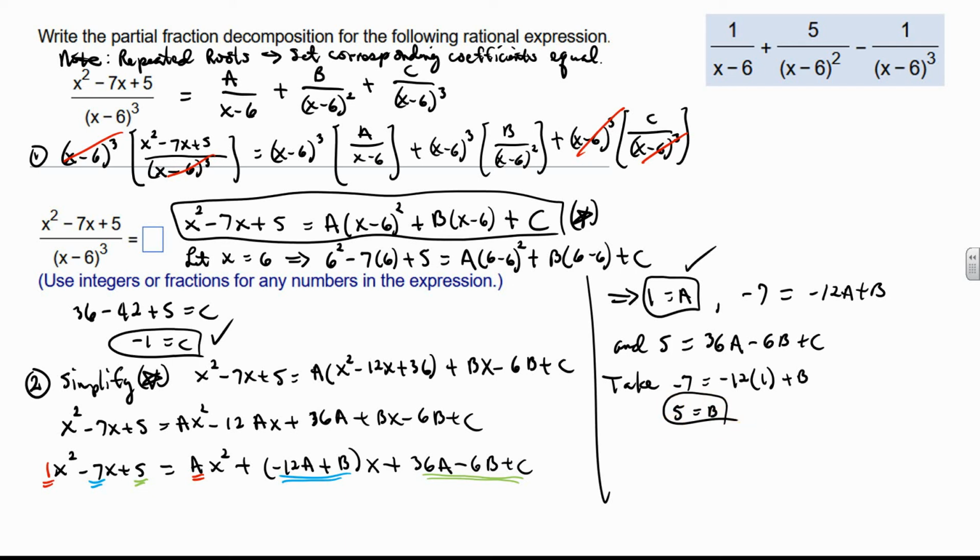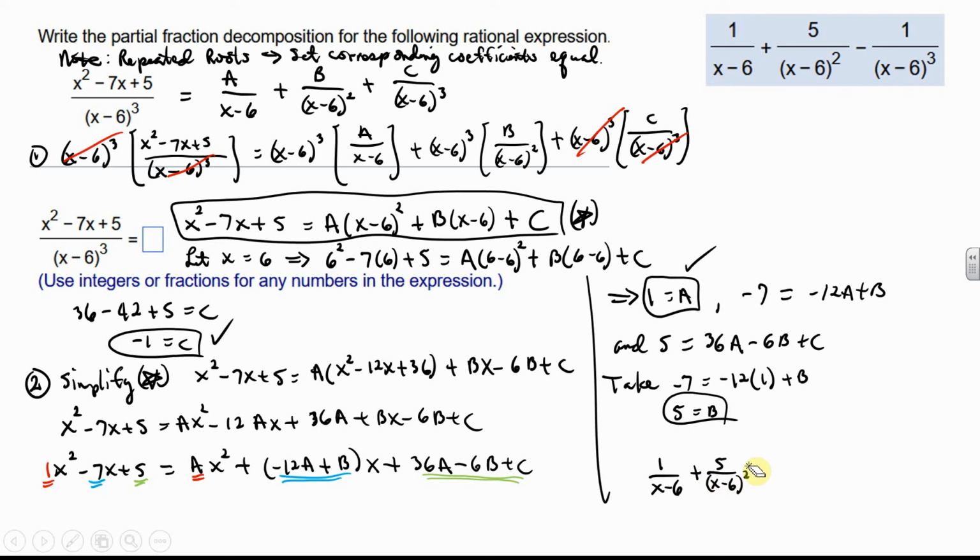So then we write the answer. We go back and replace the a. So the a is 1 over x minus 6, plus b, plus 5 over x minus 6 to the second.